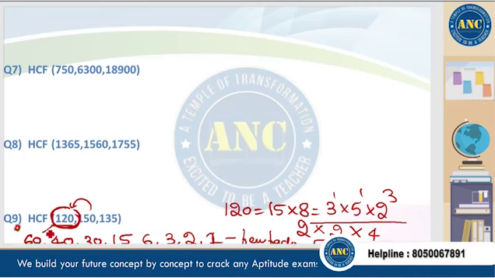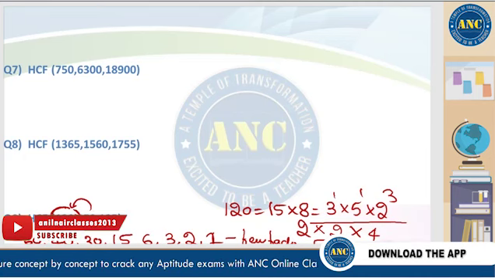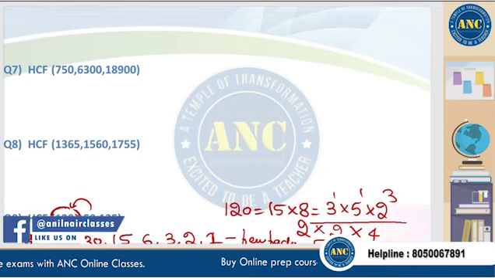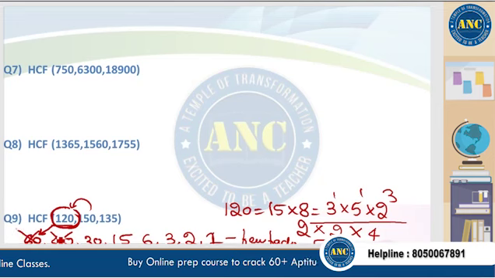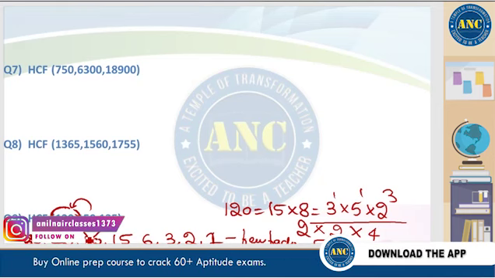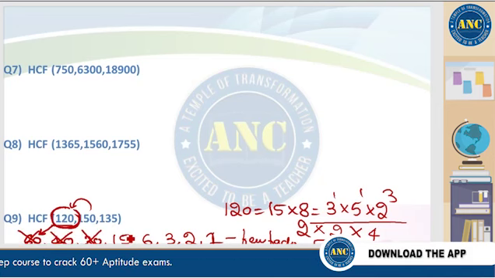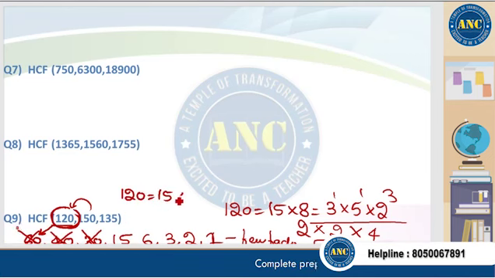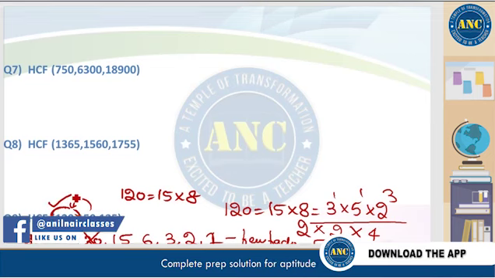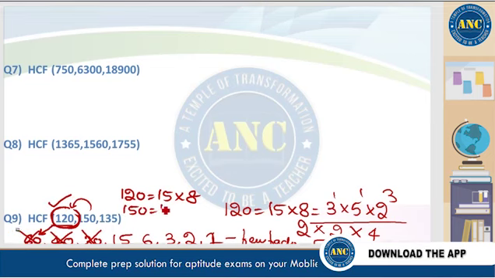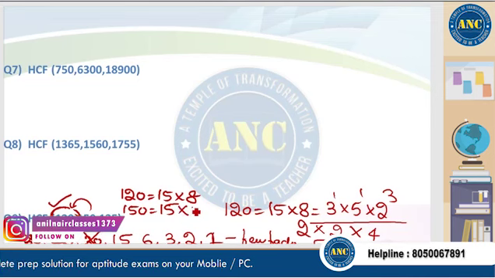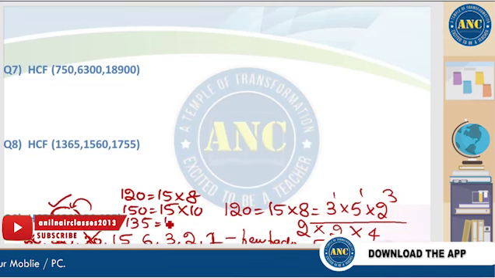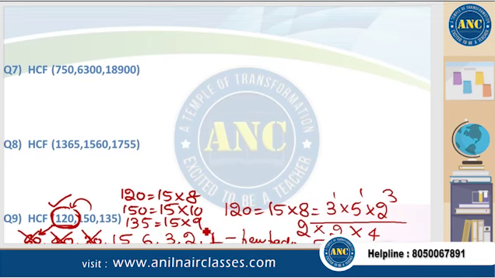120 is divisible by 60. 150 is not divisible by 60. 120 is divisible by 40. 150 is not divisible by 40. 135 is not divisible by 30. 120 is 15 into 8, so yes, it is divisible by 15. 150 is 15 into 10, so it is divisible by 15. 135 is 15 into 9, so it is also divisible by 15.